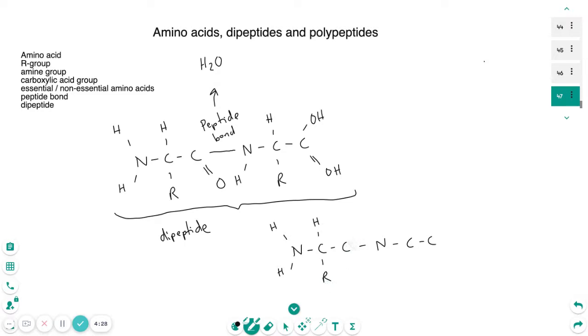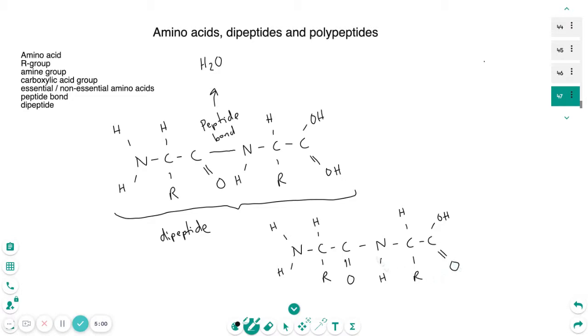R. So I'd normally draw an OH here now, and I draw H here, but I don't do that now because they've formed a water molecule. So I'm just going to do my double bond oxygen here, my hydrogen here, and carry on. Everything is normal. And my double bond oxygen at the end.